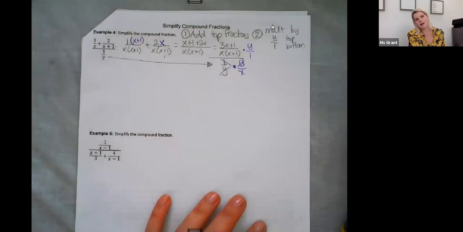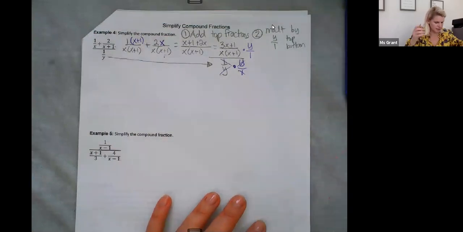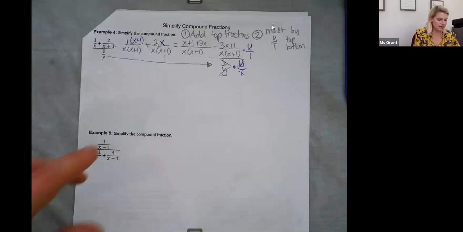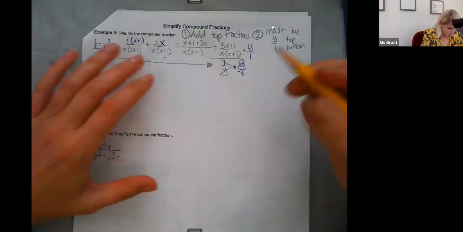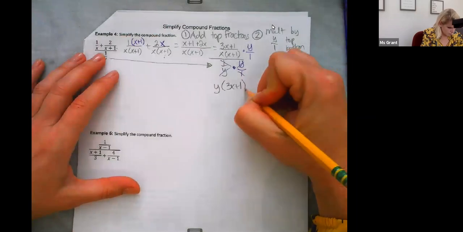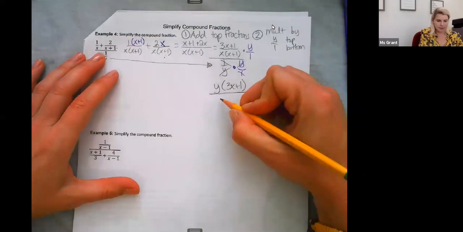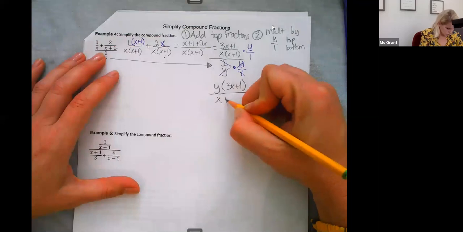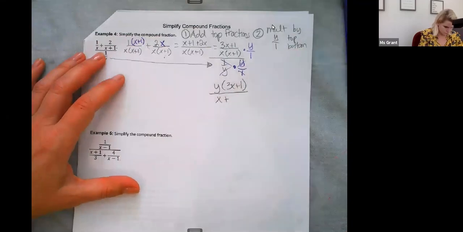Yay, my denominator is gone. All I worry about now is what's on the numerator. It's a multiplication problem. 3x plus 1 times y. Let's put the y in front. Over, and then the x plus 1. I can do this.